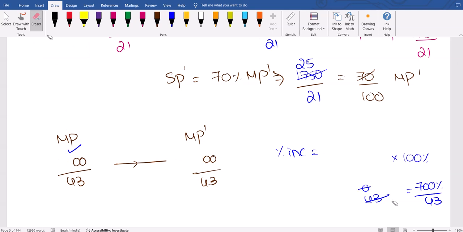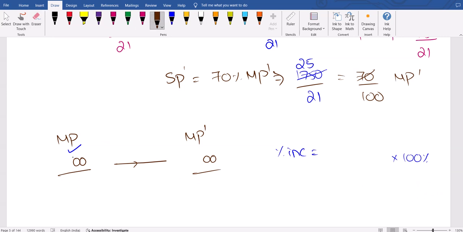Anyhow, the denominators will get cancelled. It's simple, in the numerator only the main concern is there. It's like 400 divided by 21; 2100 divided by 21, the 21 will get cancelled. Close, less than 20%, right?